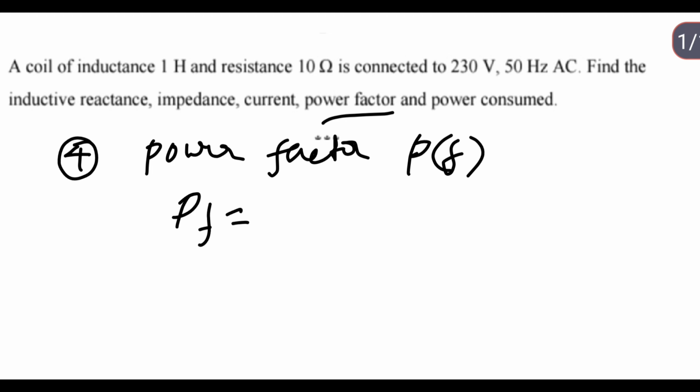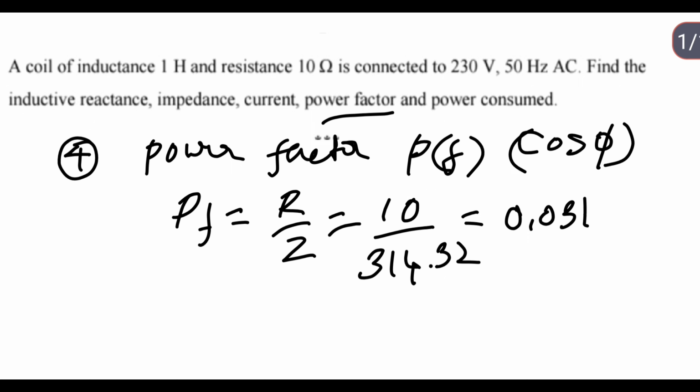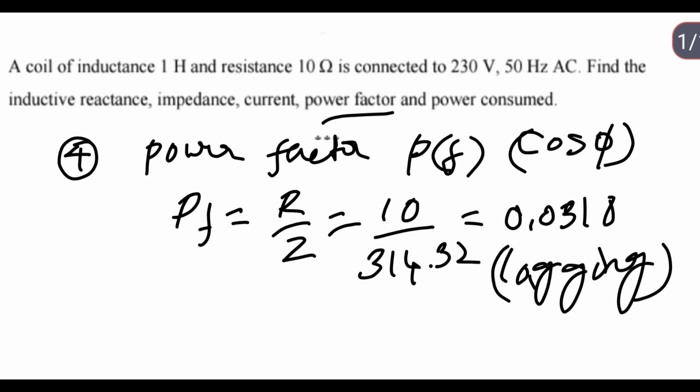PF is equal to cos phi, the power factor. So R by Z, where R is 10 divided by 314.32, gives 0.0318. This is lagging. If you get this answer, the power factor is lagging.